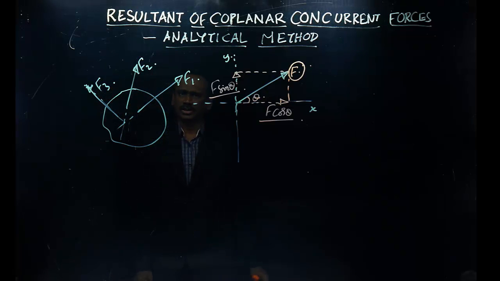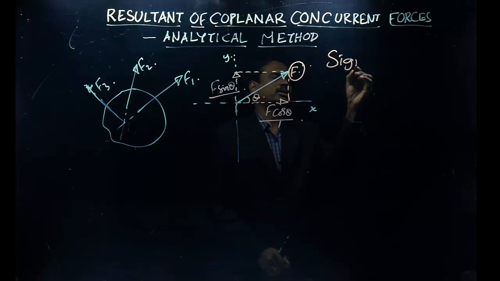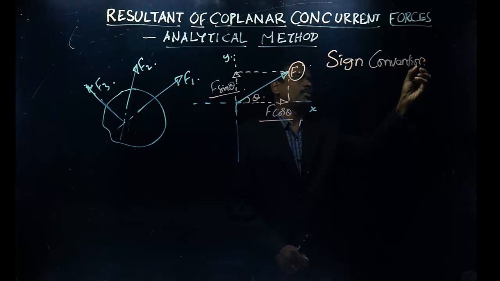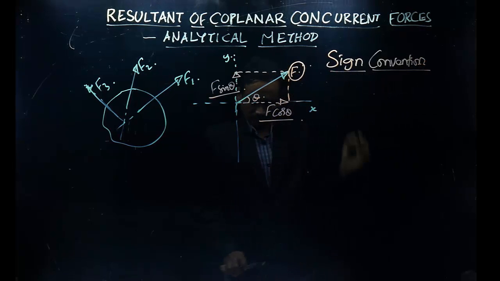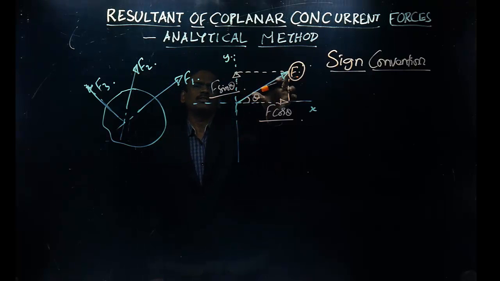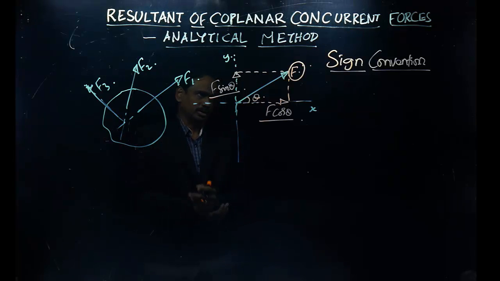Because of this direction, we have to use a sign convention whenever we are trying to find the resultant of a system of coplanar concurrent forces. If we are finding the components of only one force, we may not follow this sign convention. But when we try to find the resultant of so many forces, we have to use the sign convention, otherwise we cannot add up the forces.